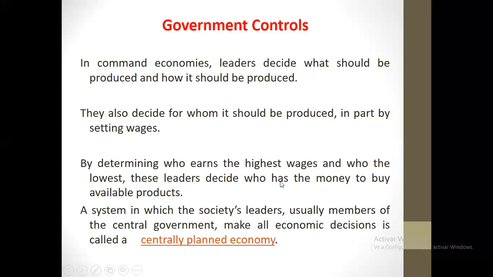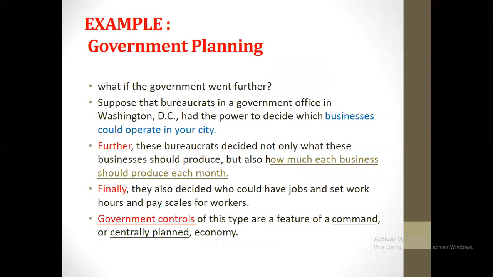These leaders decide who has the money to buy available products. A system in which the society's leaders, usually members of a central government, make all economic decisions is called a centrally planned economy, the same as a command economy. Those are synonyms.